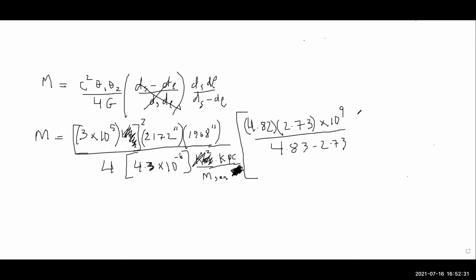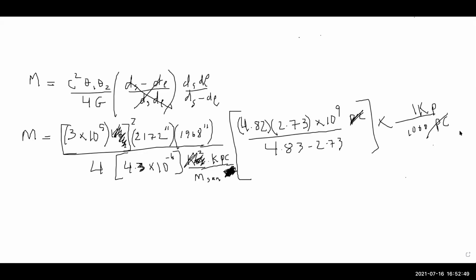And this is parsec. Then you can say 1,000 parsec is 1 kiloparsec. Parsec cancels. Okay, so then what I would do is the parsec will cancel, and the kiloparsec will cancel.